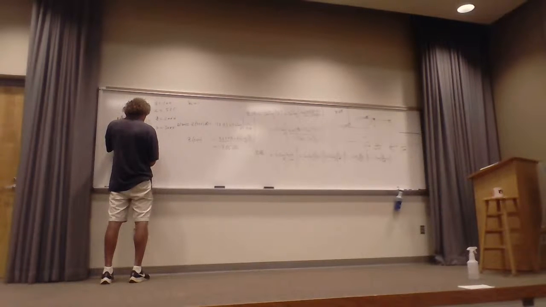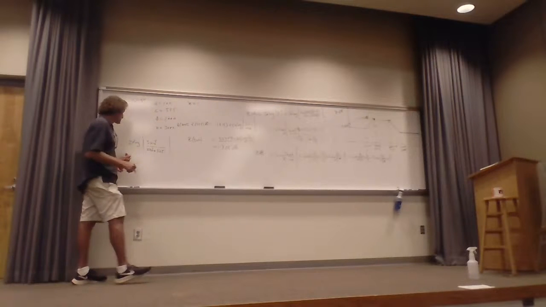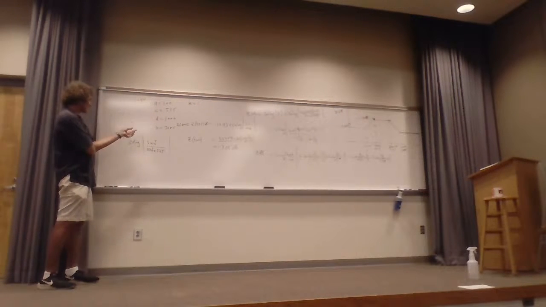Let's get that right. Tell me what that is. 20 log of 3 times 10 to the fifth over 2 times 10 to the third times 525.